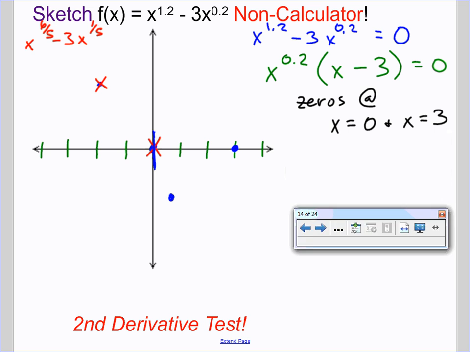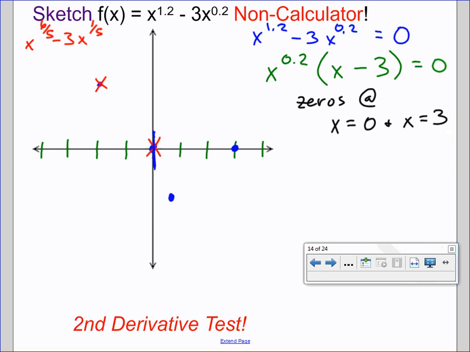Okay, guys, going through decreasing concave up, decreasing concave down, vertical tangent, horizontal tangent, local min, 0. Oh gosh, concave up. That's the weirdest function I've ever seen in my life. Let's check.